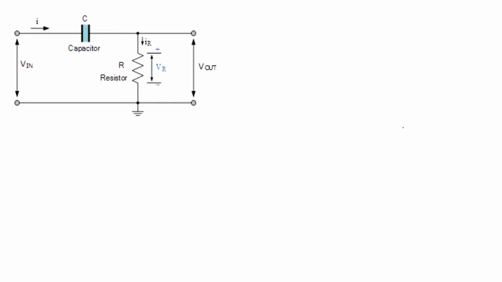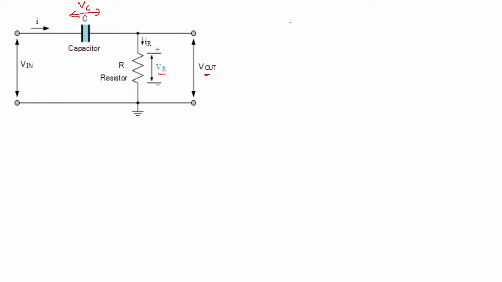Now, how can you prove that it is mathematically working as a differentiator? If you refer to this circuit, your C is in series and the voltage across C you can name VC, and the voltage across R is VR, which is nothing but Vout.